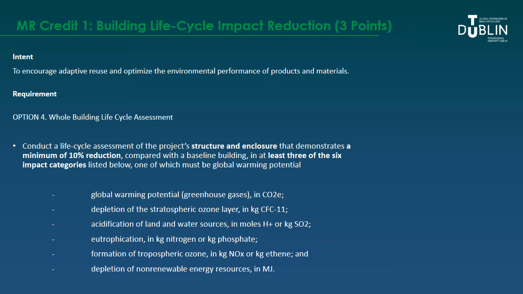The others are the depletion in the ozone layer, the acidification, eutrophication, tropospheric ozone, and depletion of non-renewable energy resources. So this is where something like the one-click LCA would be used here, where you'd have a baseline building and you'd modify the design and you'd show that you were getting the 10% reduction compared to that reference building.